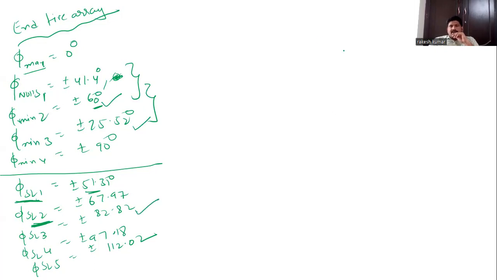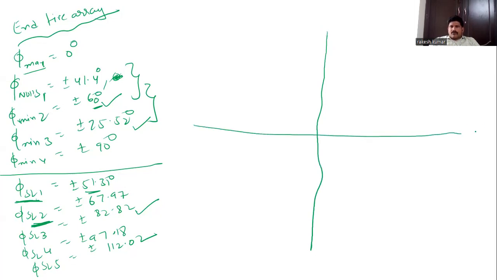Now let us draw this diagram. Draw this diagram very carefully. Okay, so let us consider this is 0 degrees, this is 90 degrees, this is 180 degrees, this is 270 degrees.